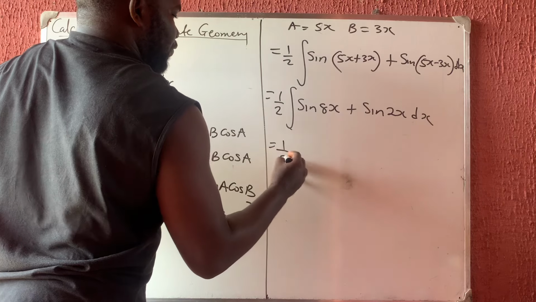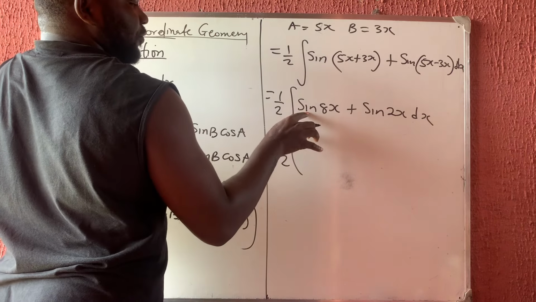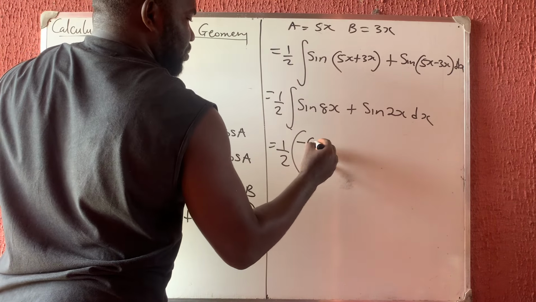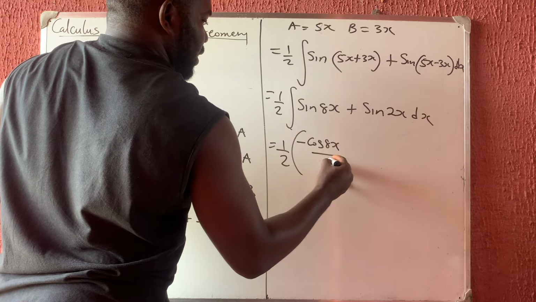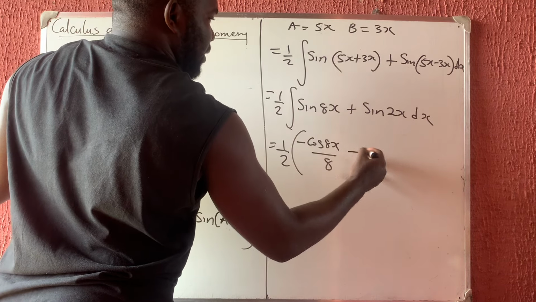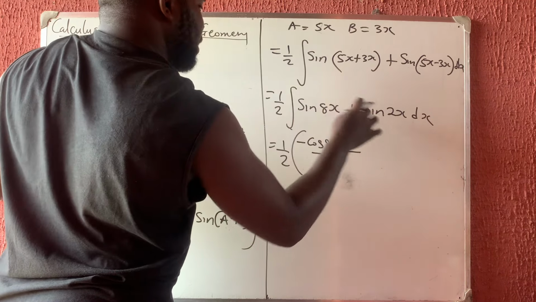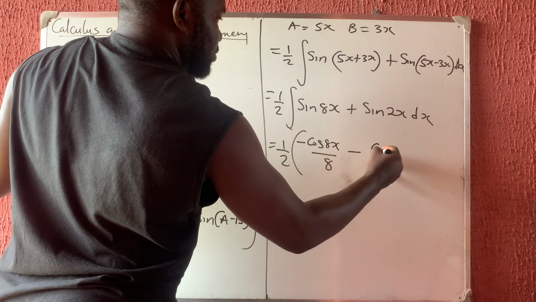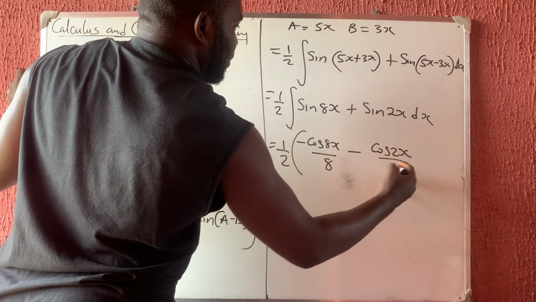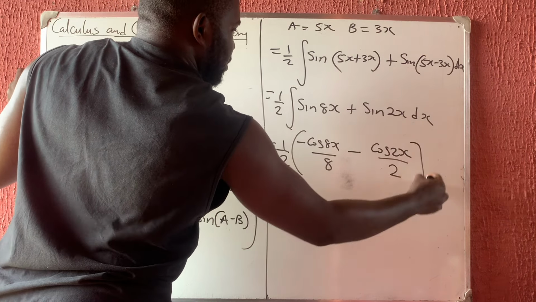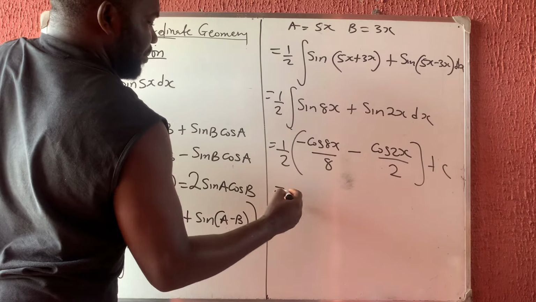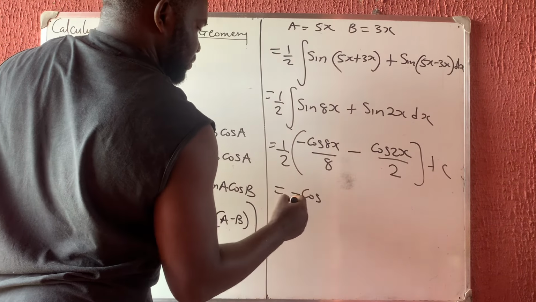The integration of sine is minus cos. So this is 1 over 2 times [minus cos 8x over 8, minus cos 2x over 2], then plus a constant.